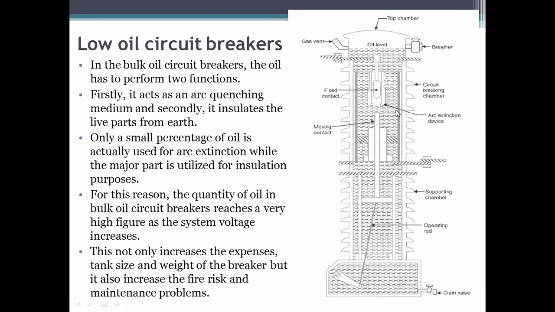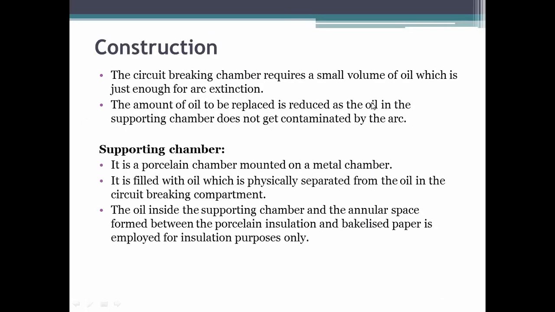So this circuit breaking chamber has fixed contact, moving contact, and this is turbulator. Turbulator is nothing but the arc extinction device. Okay, it is nothing but the arc extinction device it contains.